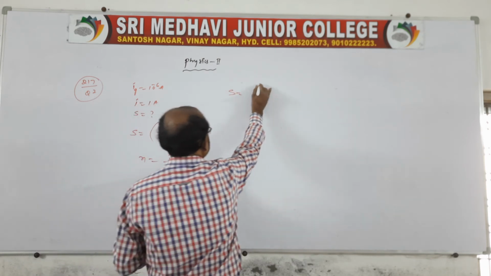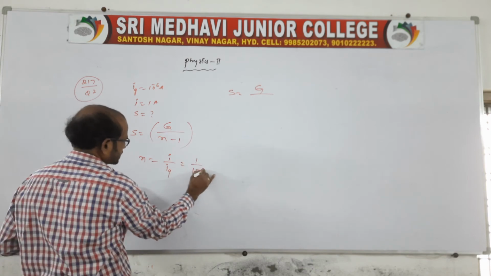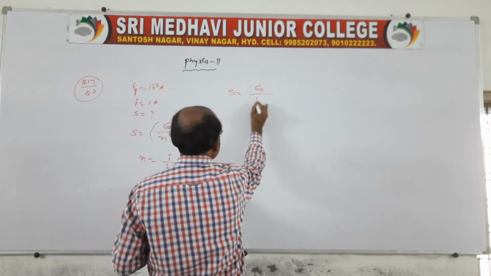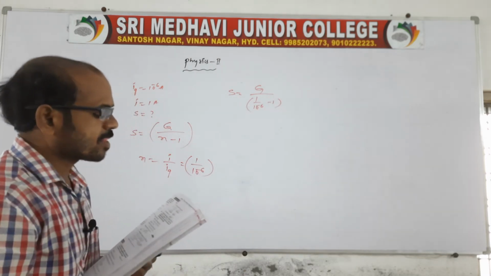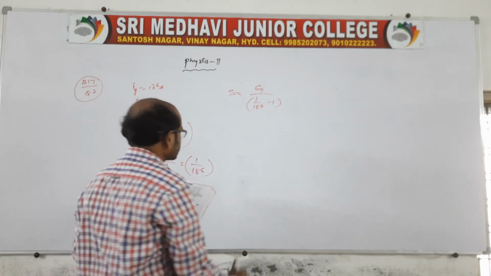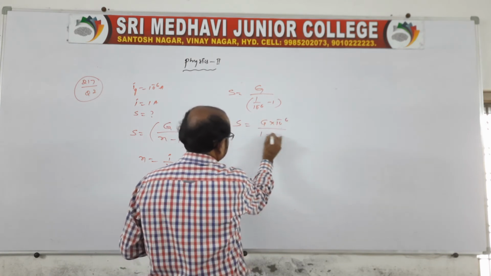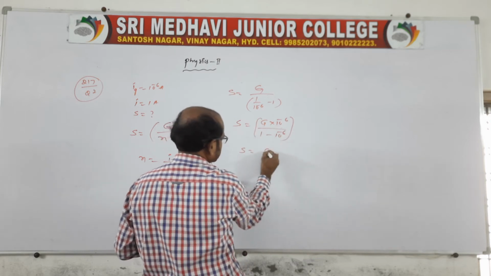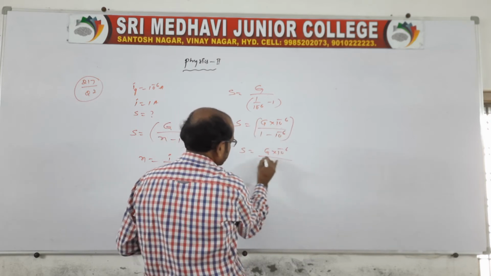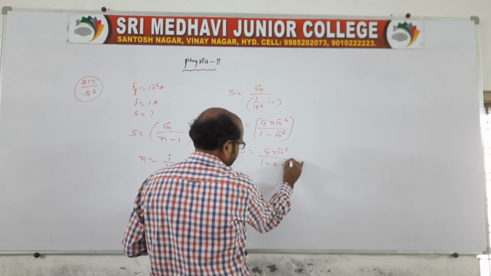So G by n is nothing but 1 by 10 power minus 6, so directly you write 1 by 10 power minus 6 into 1. Therefore S is equal to G into 10 power minus 6 by 1 minus 10 power minus 6. If I take the LCM, S is equal to G into 10 power minus 6 by 1 minus 0.000001.